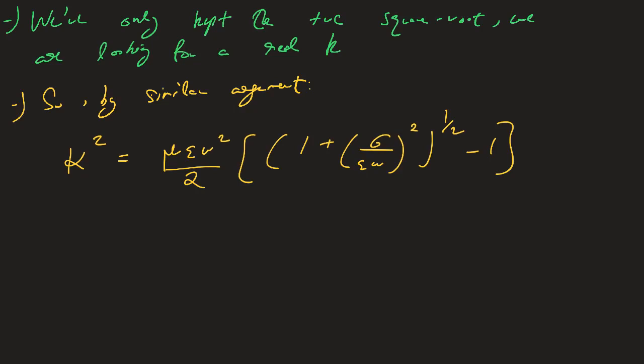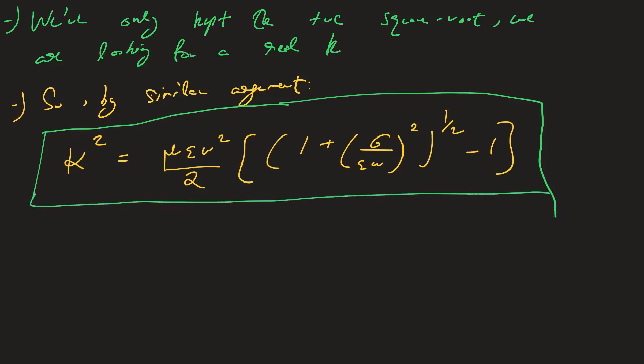We'll draw another box around this, because this is as important as the expression before. So now we have k tilde is equal to the real part plus the complex part. We know what this is, and now we know what this is.